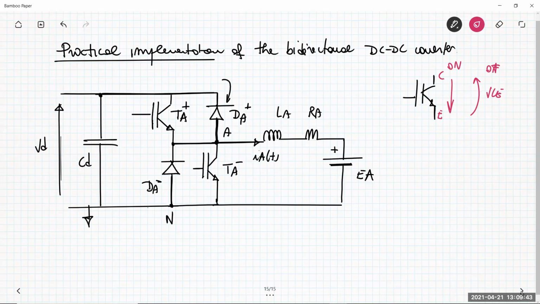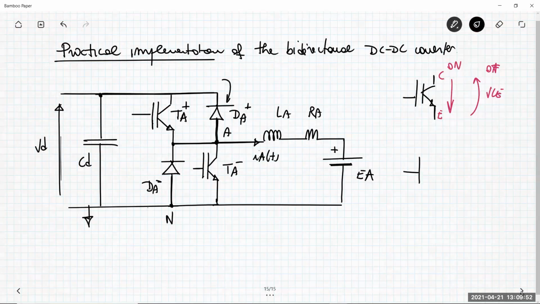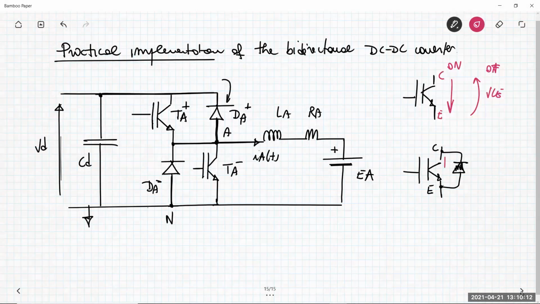So basically, this is not a device that can manage bidirectionality of the current. In order to get bidirectionality, you have to add a diode. If I put a diode in this way, connected between the collector and the emitter, then when the IGBT is on, the current can flow from the collector to the emitter.